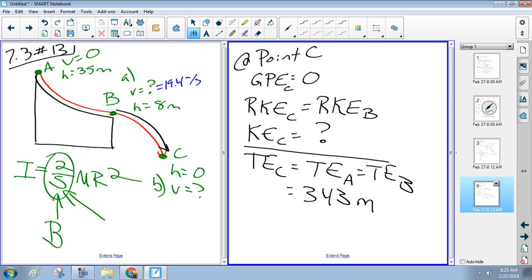I think we need to find that RKE, don't we? No, the RKEs cancel out. I ignore it for B and C. Oh, I see. If you set B equal to C, that works. I guess there's a few different ways of doing that. That actually is not a bad idea.